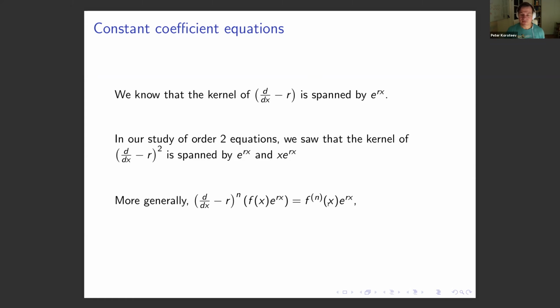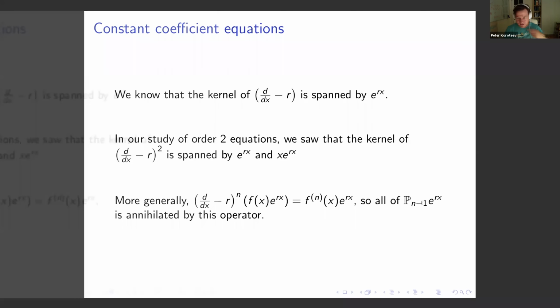So it is equal to the nth derivative of f times e to the rx. So all of the polynomials of degree up to n minus 1 times e to the rx are annihilated by this operator. Any element from this space is sent to 0, right? Because we have n derivatives here, and everything cancels out.